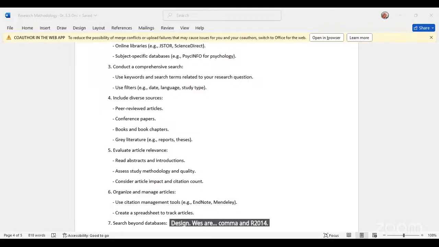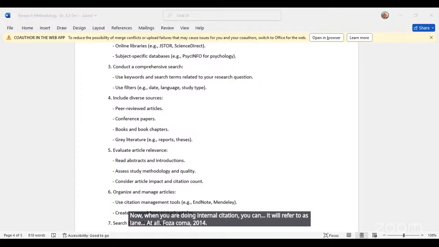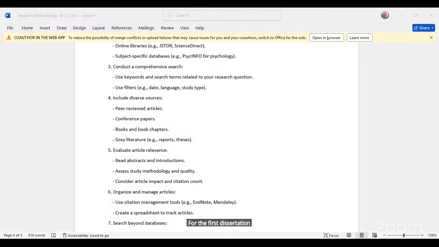Then the title of the article, then the journal title, the volume in parentheses, the issue, and the pages. When you are doing in-text citation, it will be Lane et al., 2014 for the first citation and subsequent citations. Do you understand? All right.